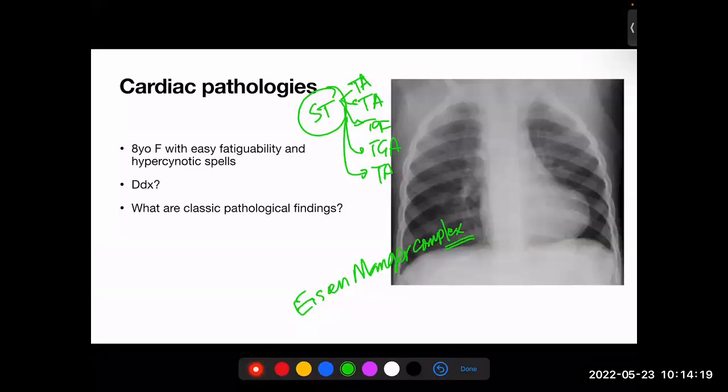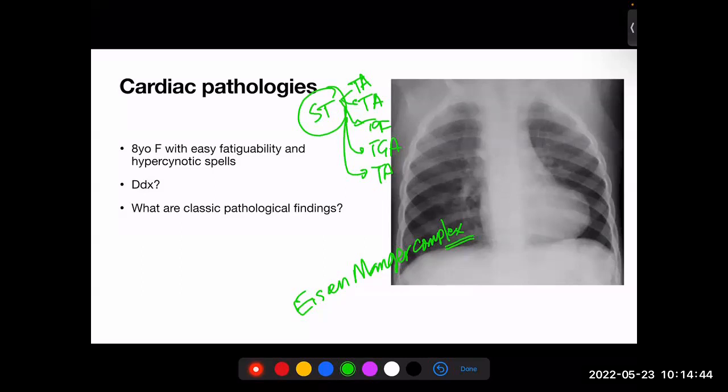That pressure is so large that the right side becomes hypertrophic, and the direction of the shunting changes from left to right to right to left.